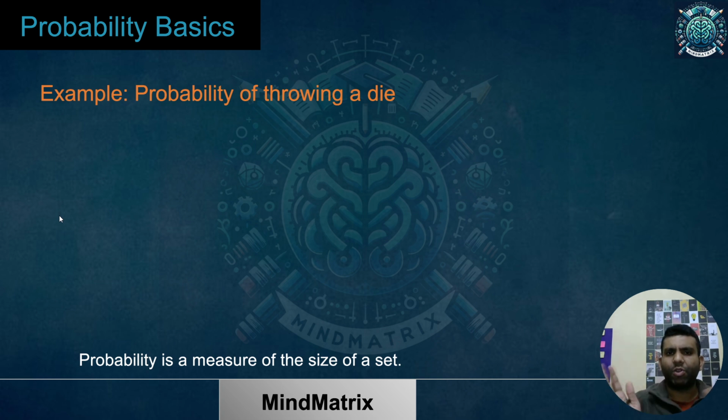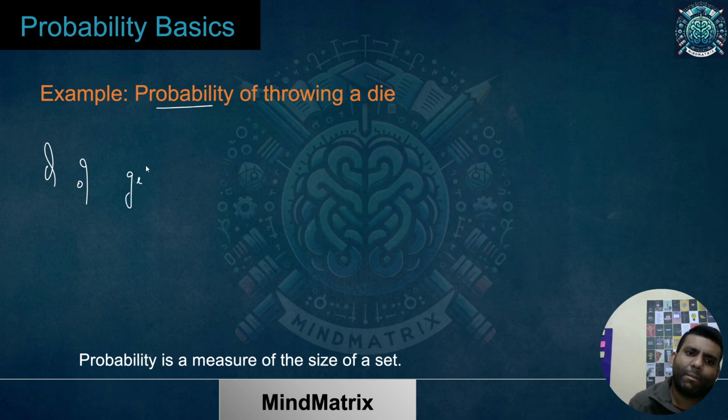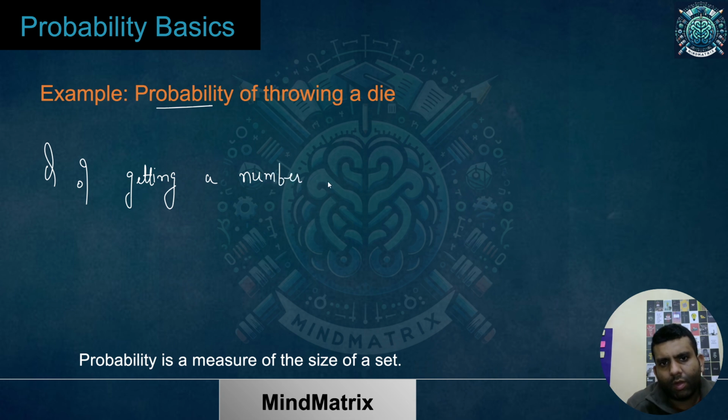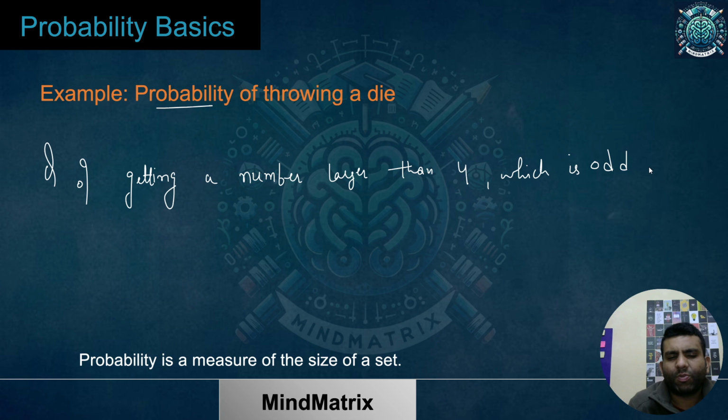Just to have an overview, let's say the question is: you need to find the probability of getting a number larger than 4 which is odd. We need to find this probability.